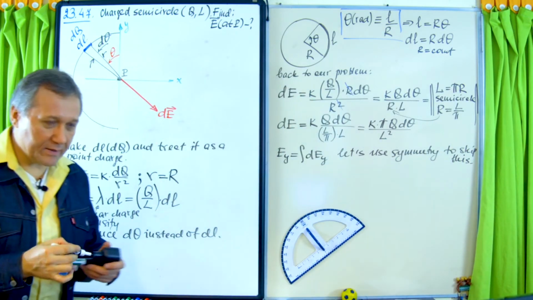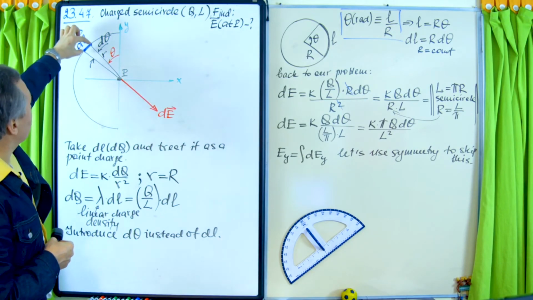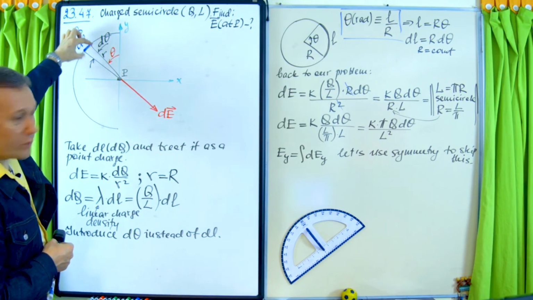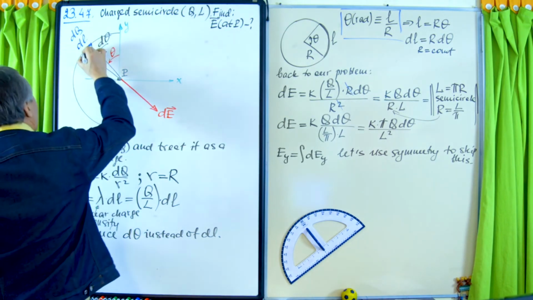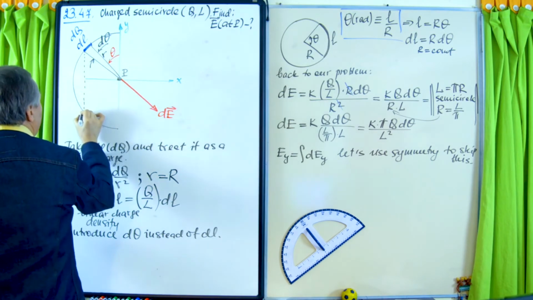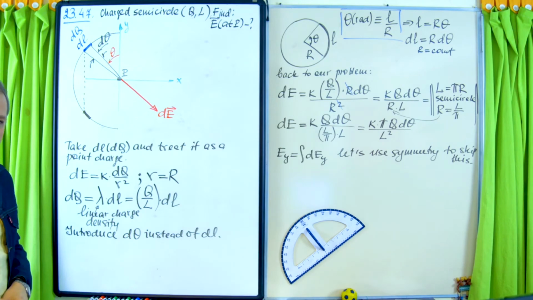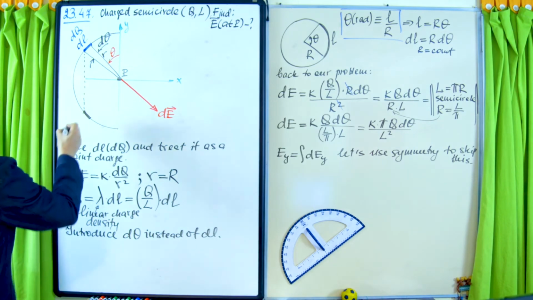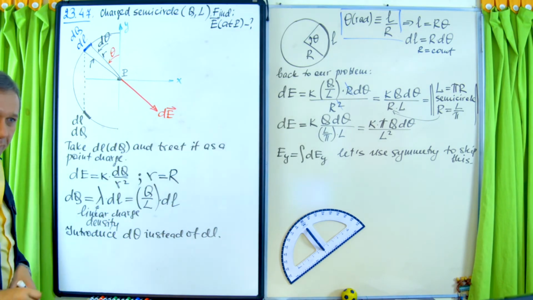What do I mean by using symmetry? Look, we have this section dl on the upper part of the semicircle. But at the same time, I can find a symmetrically positioned dl on this side, with the same dl, the same dq.